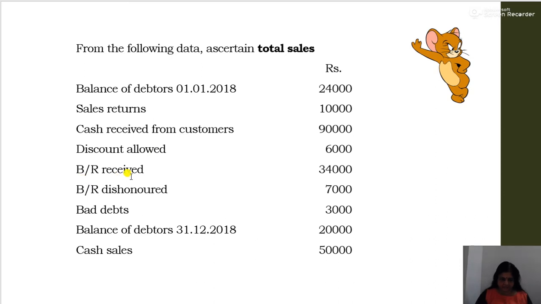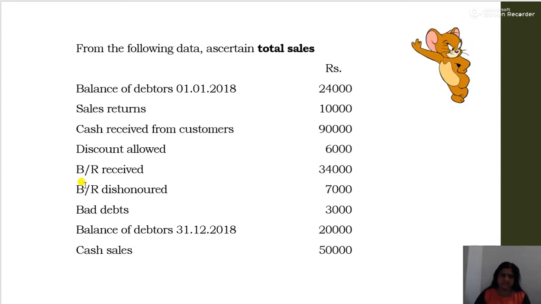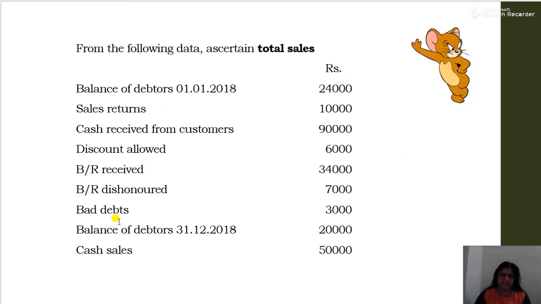Then bills receivable received. Bills receivable received comes to 34,000. Then comes bills receivable dishonored, 7,000. So bills receivable dishonored comes to 7,000. Then bad debts, 3,000.